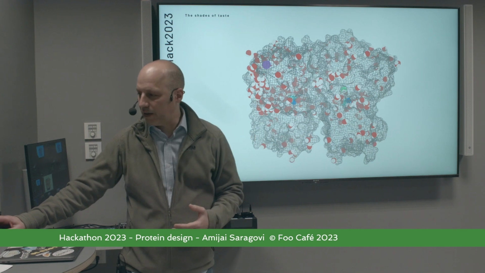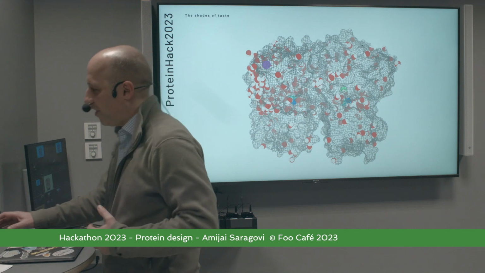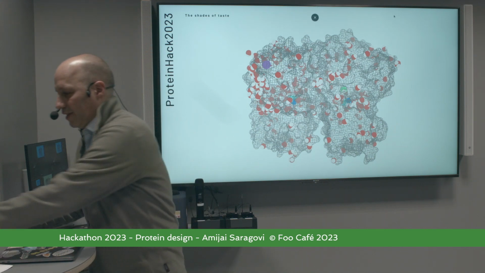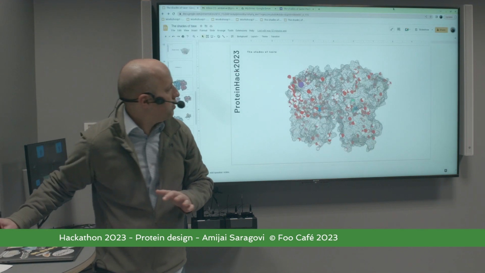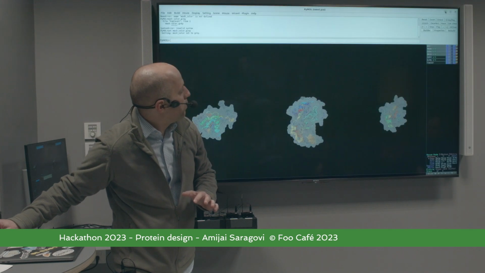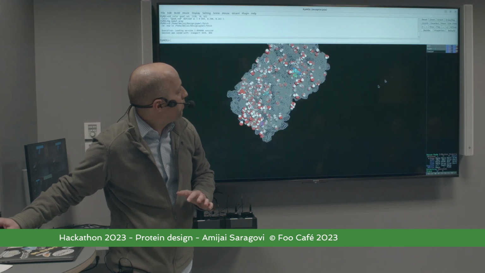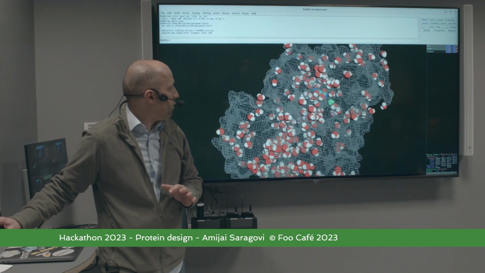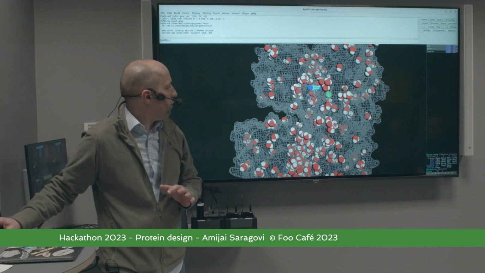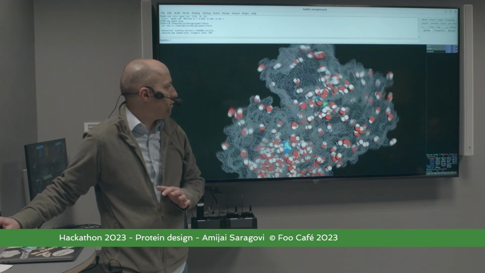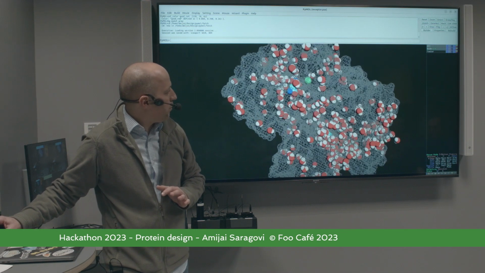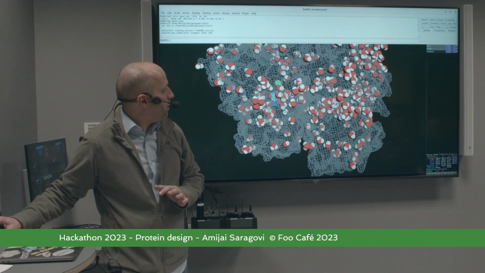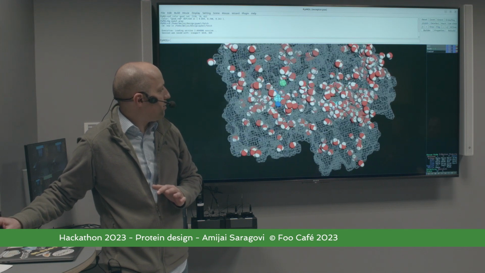So the idea here, and maybe I can show you something a bit more interesting than this static picture. Right. So here is a receptor, and here in this sweet taste receptor, there is a molecule in the middle that stimulates it. It's called glycine.